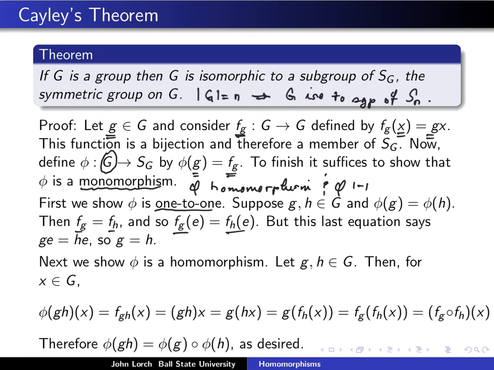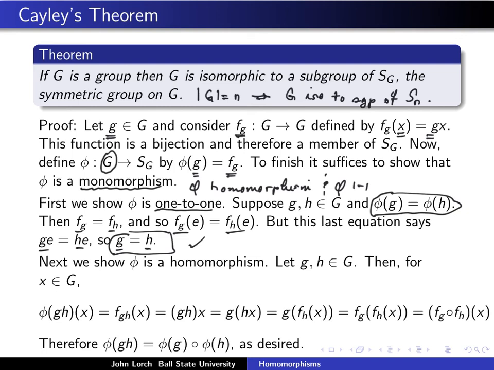It multiplies by h on the left. So we get g times e equals h times e, and that means that g equals h. So we started with phi of g equaling phi of h, and we ended with g equaling h, and therefore the function is 1-to-1. Now we need to show that phi is a homomorphism.